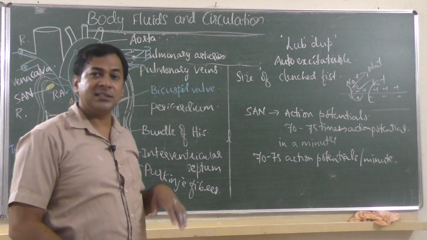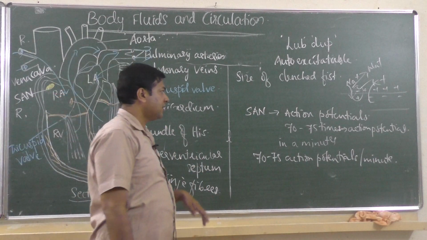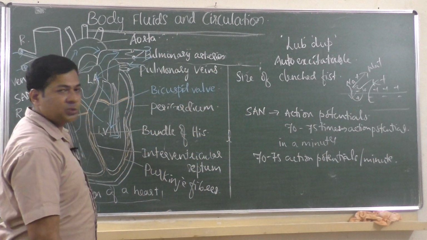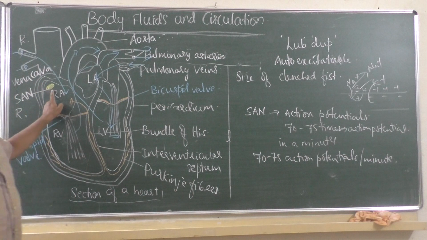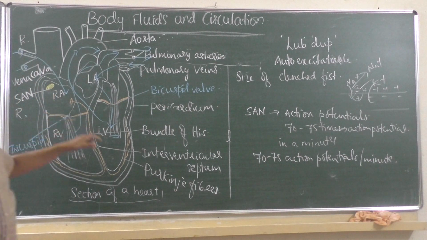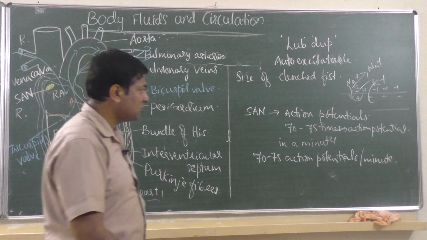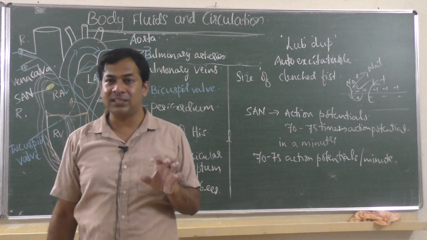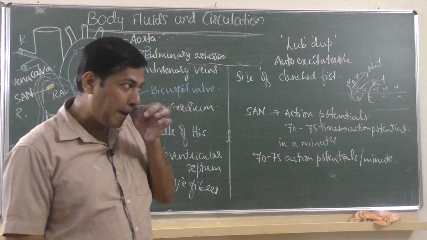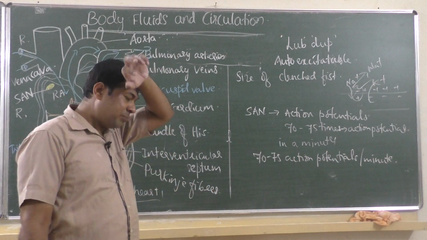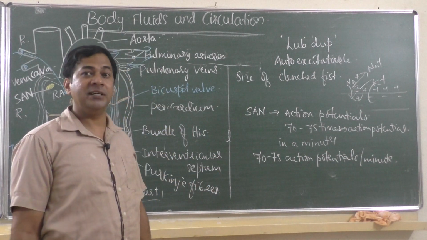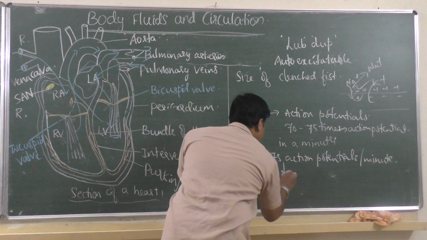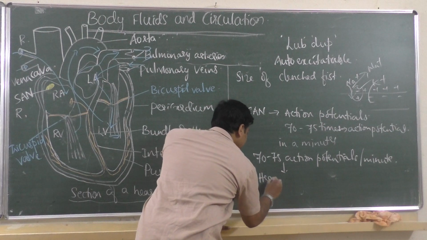The signals are self-generated. The reason is SAN, this yellow colored part that I am showing here, the sinoatrial node. They generate signals on their own. So they generate action potentials, and that action potential is the message required for the heartbeat. It produces action potentials 70 to 75 times in a minute. That is responsible for the action, that is the heartbeat.